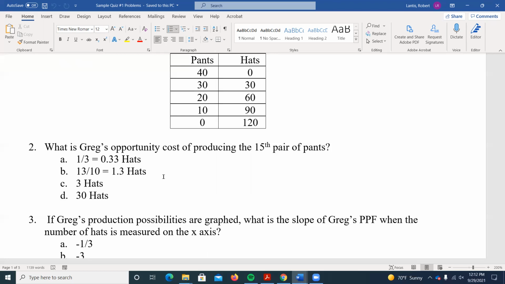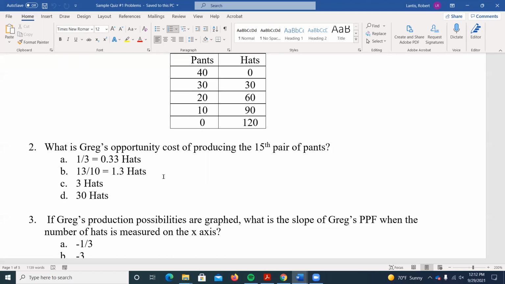Pants and hats, I guess. A lazy example: if I'm only producing hats, how many hats can I produce? 120. If I'm only producing pants, how many pants do I produce? Hats are 0, pants are 40.